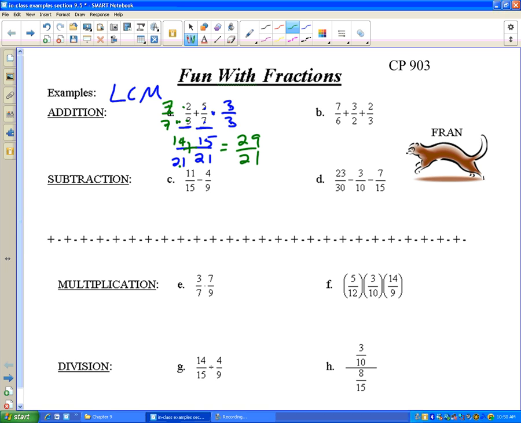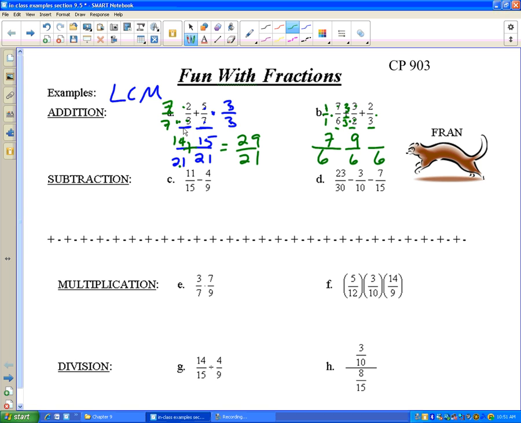Same thing over here. I want to find a common denominator of 6, 2, and 3. My common denominator, my least common denominator, is 6. And I want to do the same thing. 6 times what will give me 6? 6 times 1 is 6, so 7 times 1 is 7. 2 times what? 2 times 3. 2 times 3 is 6, so 3 times 3 is 9.